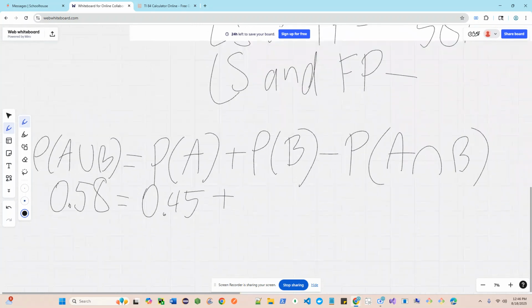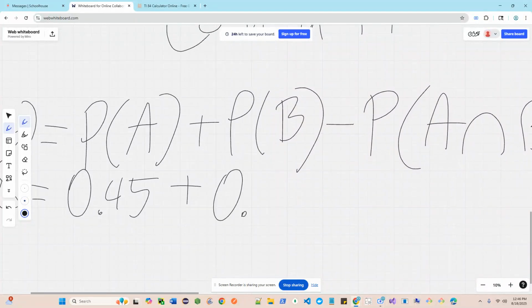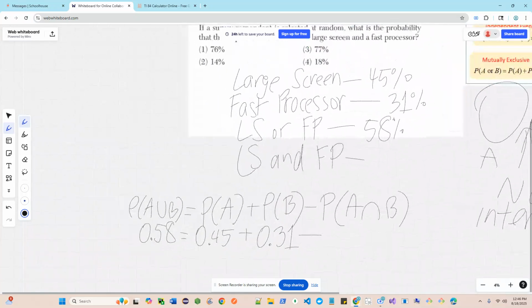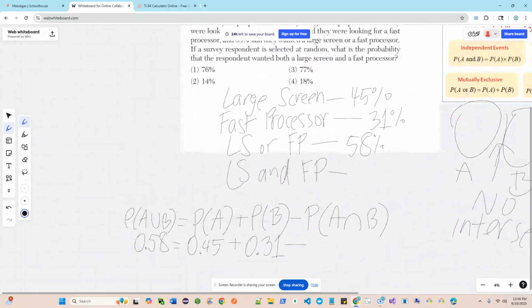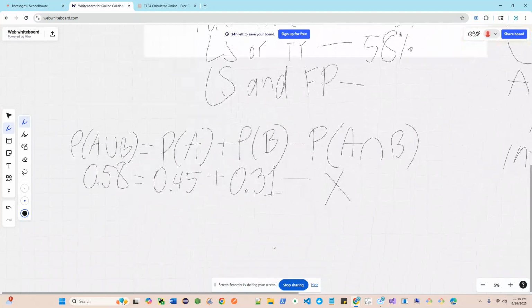So I'll put 0.31 minus probability large screen and fast processor we don't know yet. So I'll denote that as X. Let's continue now.